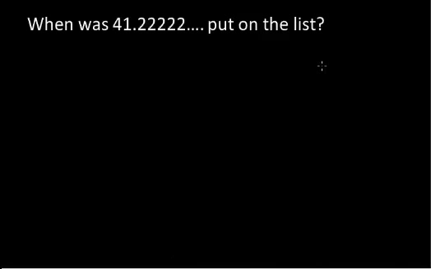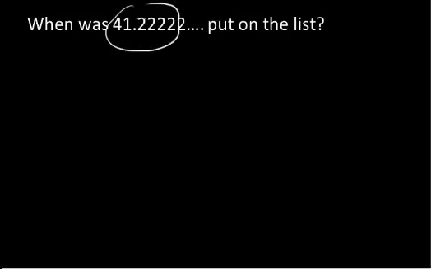Here's another question similar to the last one. When was 41.2222 repeating put on? Well, again, we can't tell because this is in decimal form, so we need to change it into its reduced fraction. Clearly it's bigger than 1 and it's positive, so it will be in stage 3. But let's figure out where it went exactly.